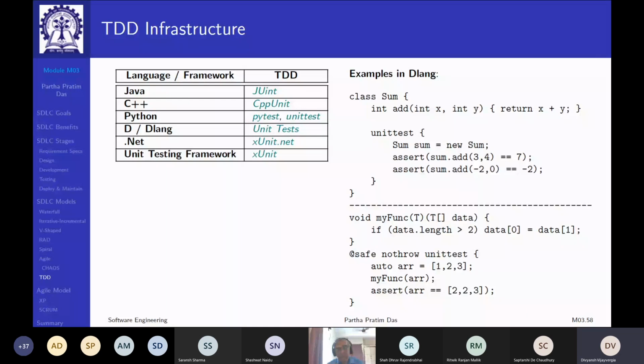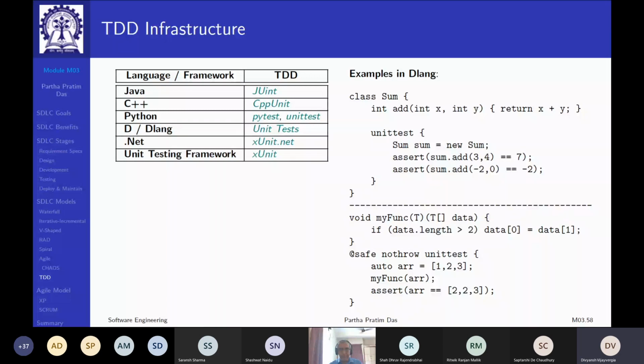So that move started with Java, where they created something called JUnit. This JUnit is a test class which is attached to the design class, so that whenever you instantiate an object of the design class, it automatically executes the test class or the test functionality.